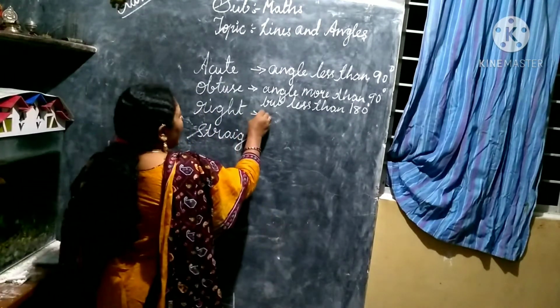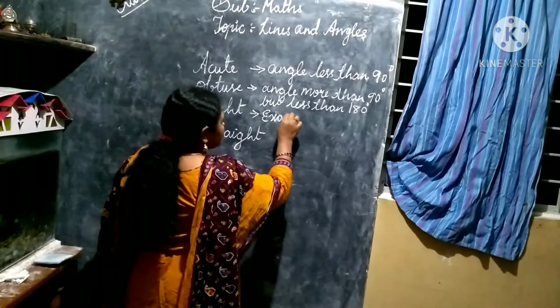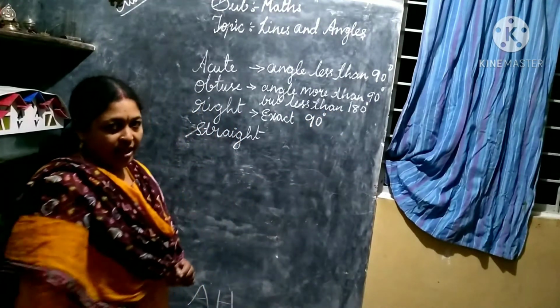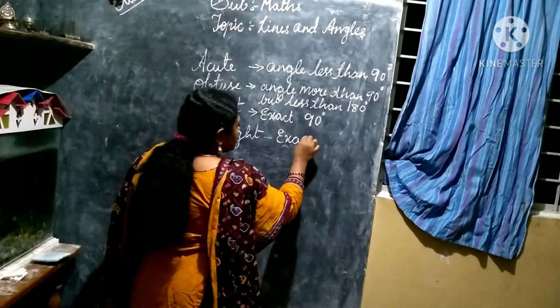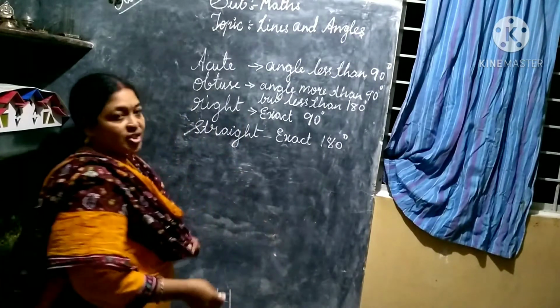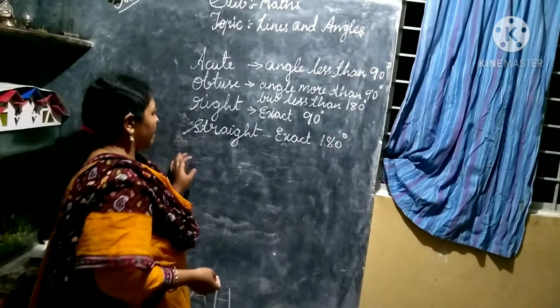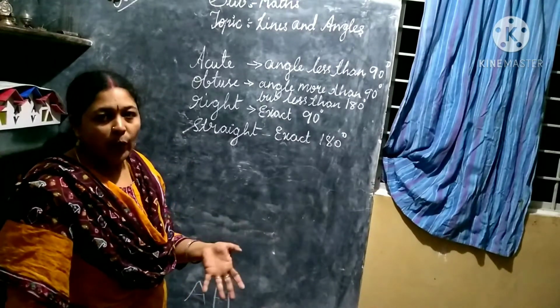Then what could be right angle? Right angle is exact 90 degree, and exact 180 degree is our straight angle. Okay, so these are the main four angles that we have to remember always.